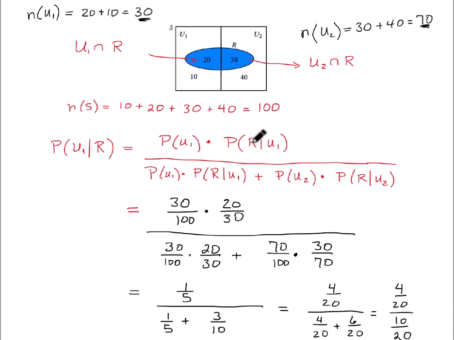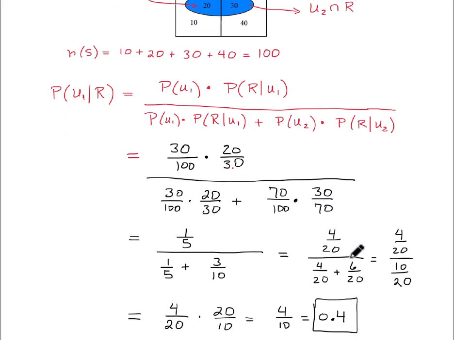Let's see, red given urn 1. Okay, there's 20 reds out of 30 total. This number still appears here on the bottom as well. All right, and what's this? This is the probability of urn 2, which is 70 out of 100, and red given urn 2 is 30 out of 70.